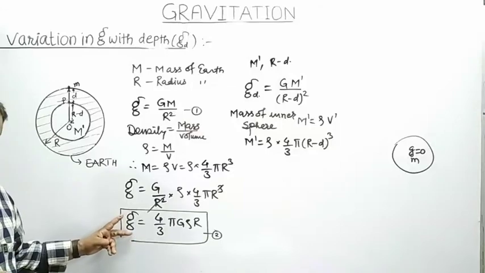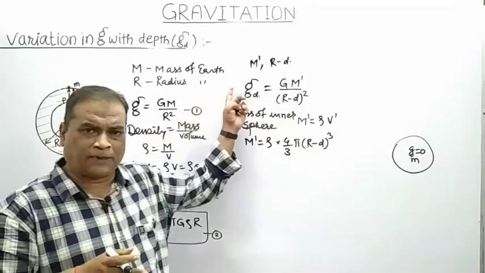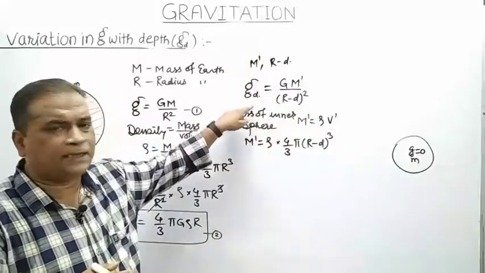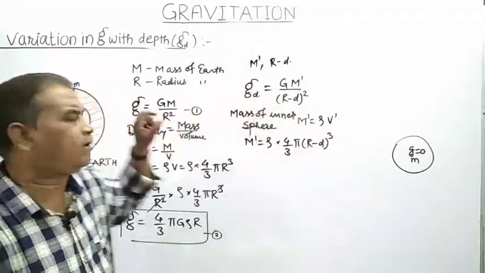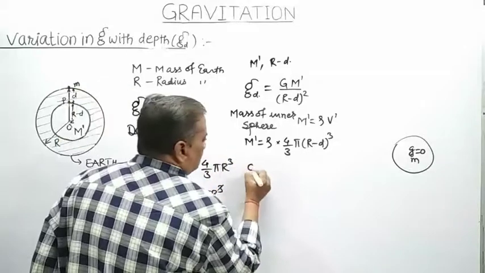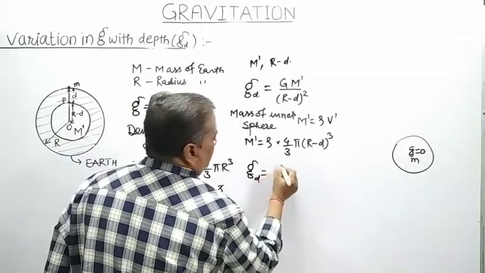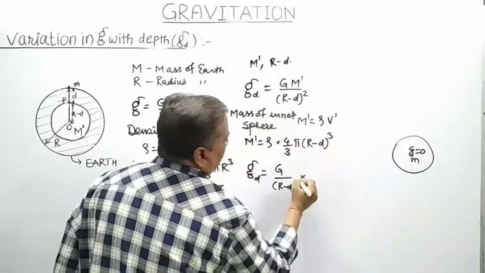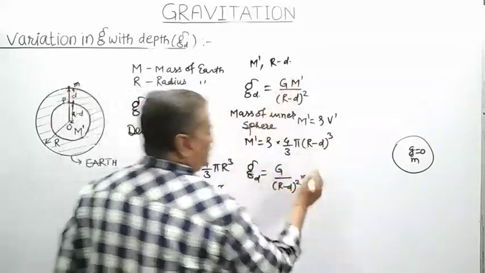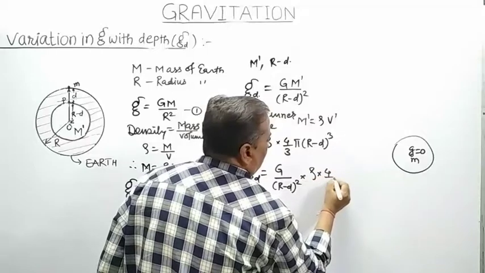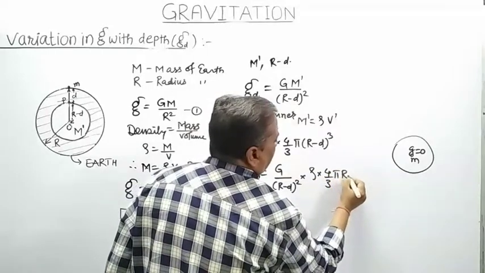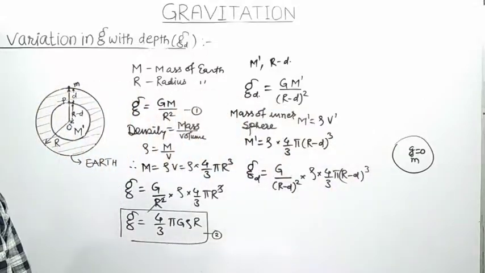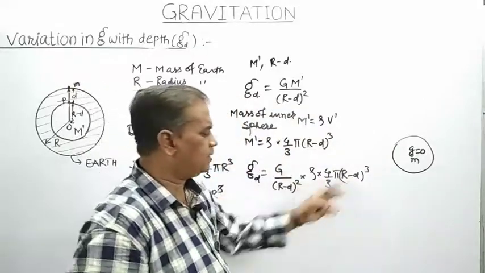Just like in this case, here you can also express acceleration due to gravity at a depth d in terms of density of earth. So g d is equal to G by R minus d whole square into, now M dash you can replace it by rho into 4 by 3 pi into R minus d whole cube. R minus d whole square, R minus d whole cube.